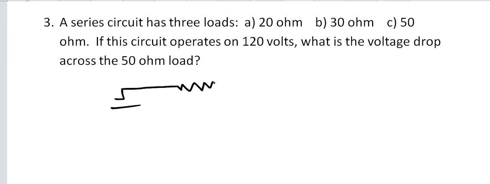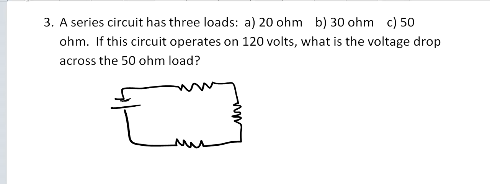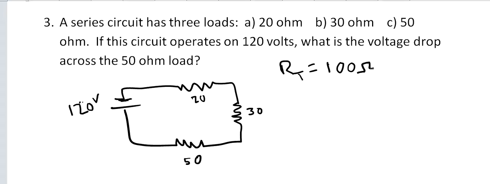It has three loads, and this time it's 120 volts as the source voltage. And this is 20, 30, and 50 ohms. Let's determine the total resistance, which is 20 plus 30 plus 50. The total resistance is 100 ohms.